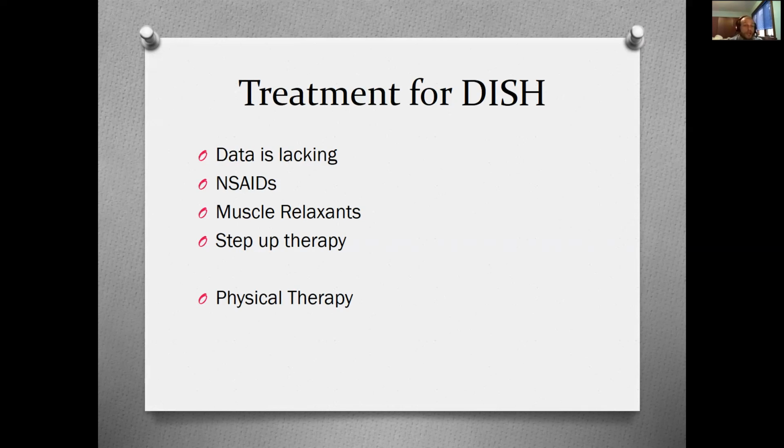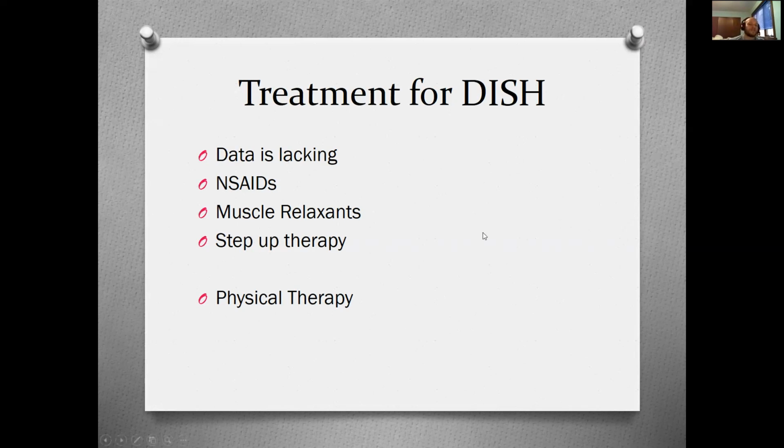The study didn't go on to look at how long these effects lasted, but it did show over 50% of patients had improvement from daily strength training, stretching, and mobility training. Like I said, this is a very stringent program if you're going to be training every day, but I think physical therapy does have a place in the treatment of DISH.